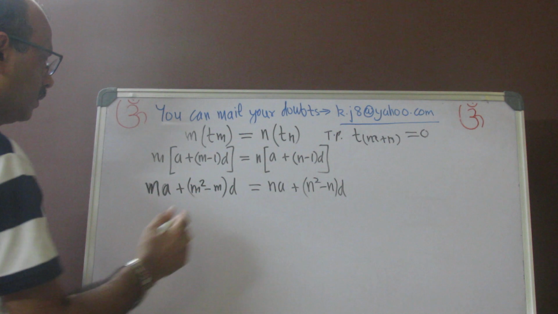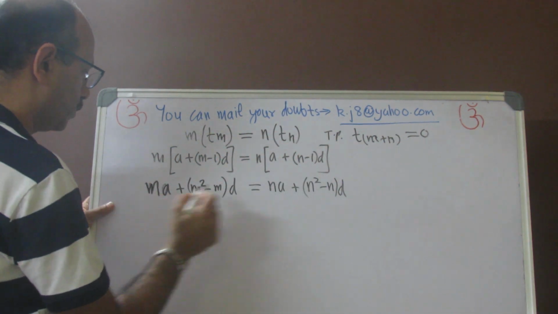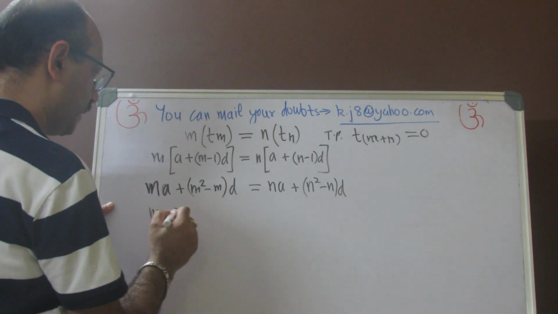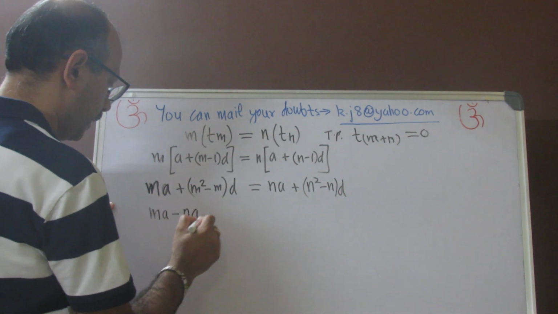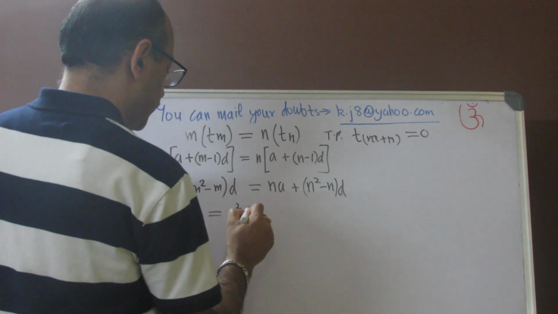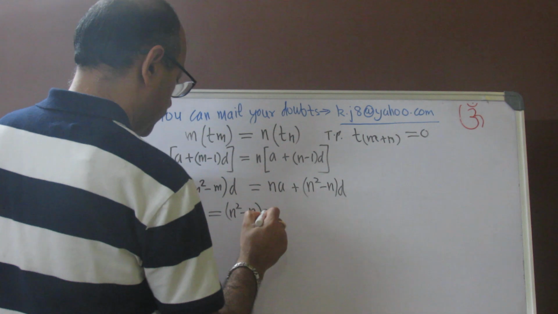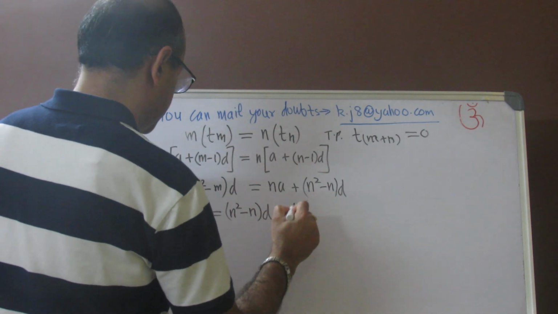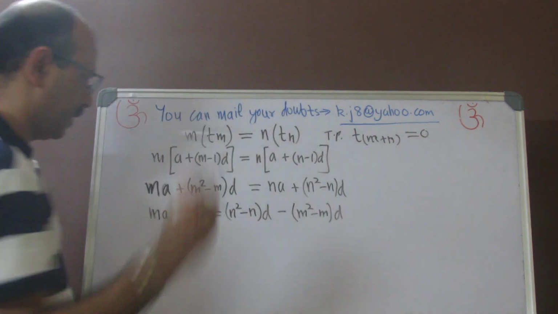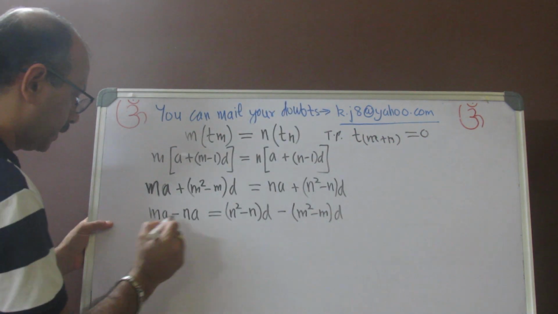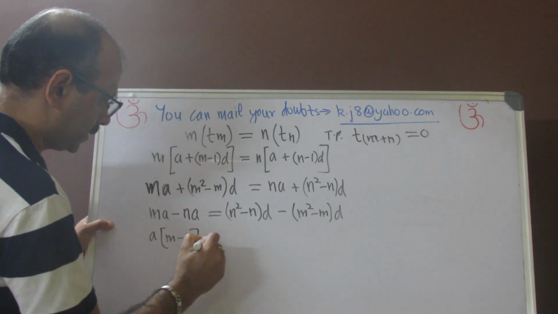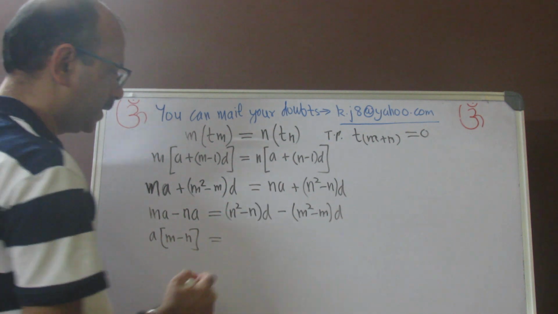Okay. Now let us take A to one side, D to one side. So what will happen? We will have MA minus NA equals N square minus N D minus M square minus M D. Okay, so let us take A common here. Inside we are left with M minus N, and now let us take D common here.